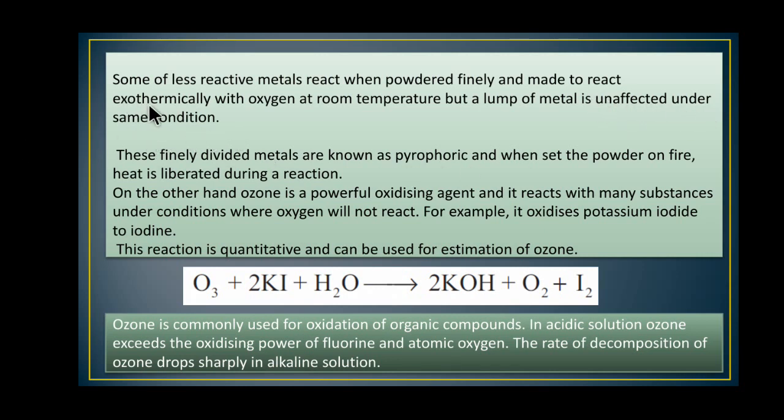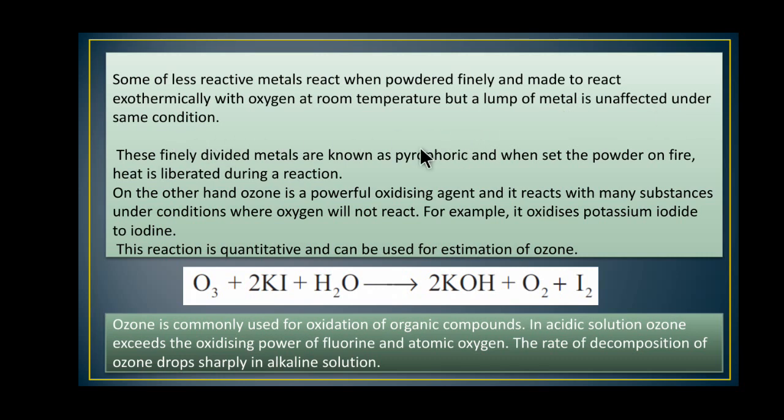What is exothermic? Exothermic means heat is liberated, heat is released. Heat is released, exothermic. Okay. But unaffected, what is it? The lump of metals unaffected under the same condition, like gold.